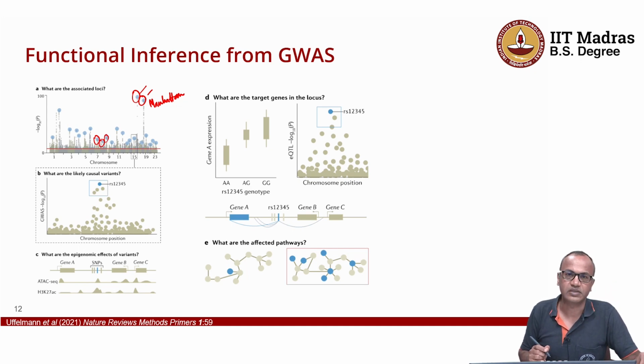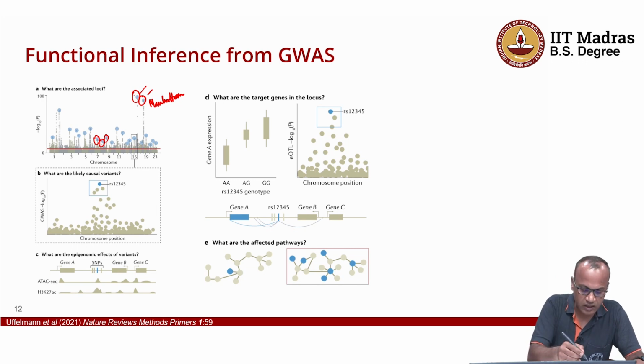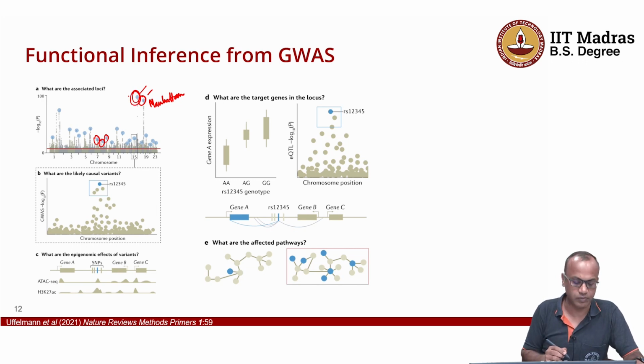Based on some statistical tests and inferences, one can identify the most likely causal variant in this peak, for example. It's denoted here as a reference sequence 1, 2, 3, 4, 5, just as a toy example. Again, this is the most strongly associated with the phenotype.